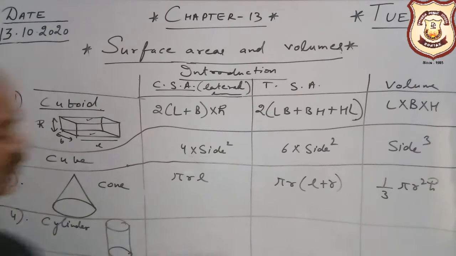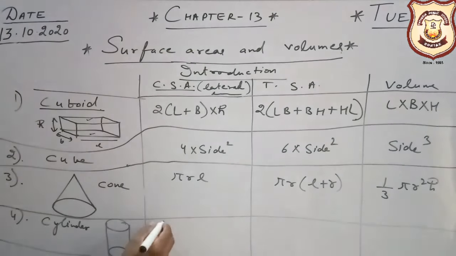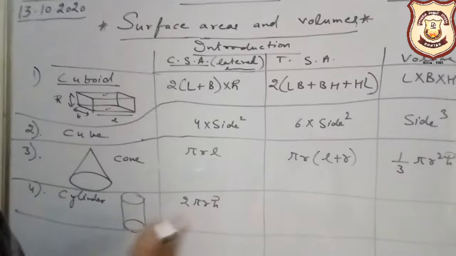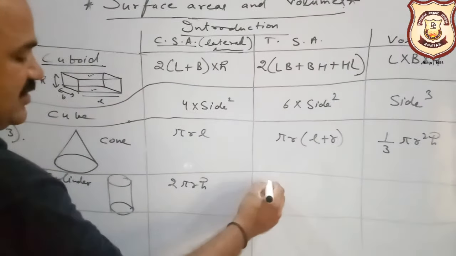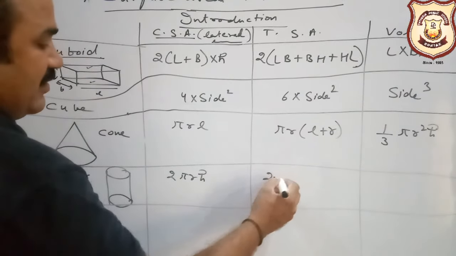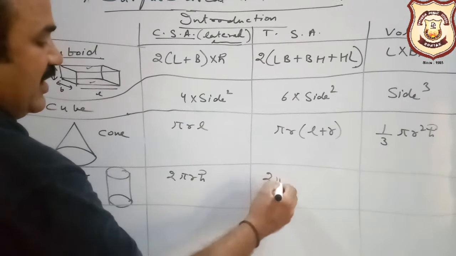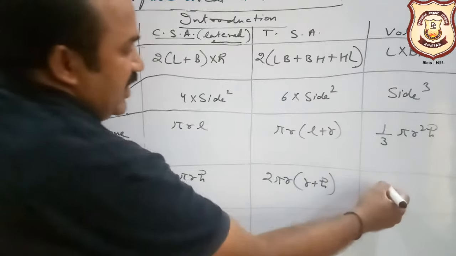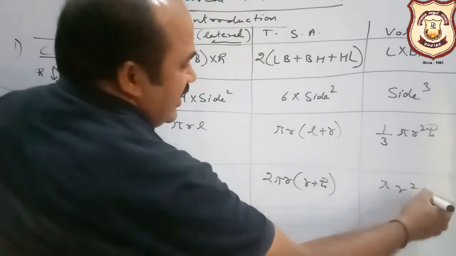Here CSA is 2 pi RH, TSA is 2 pi r into (R plus H), volume is pi r square H.